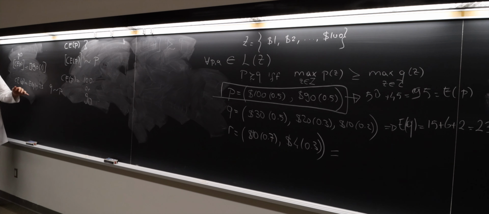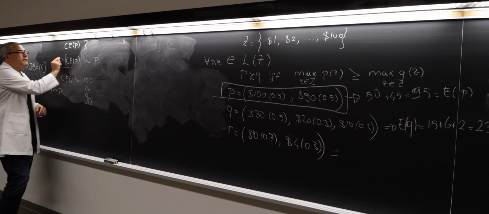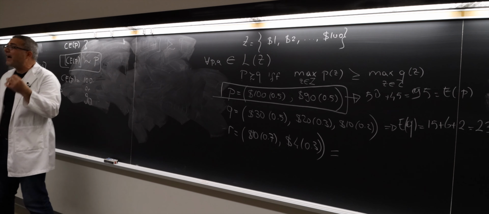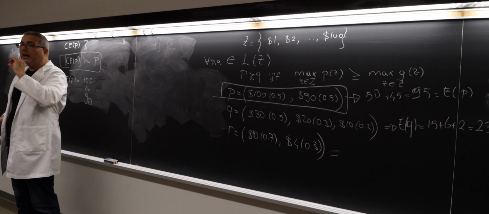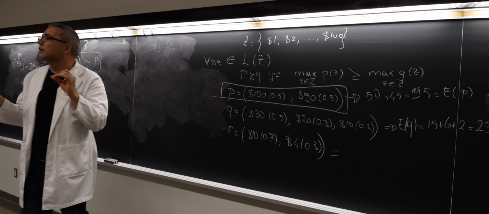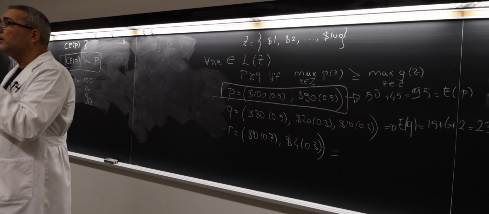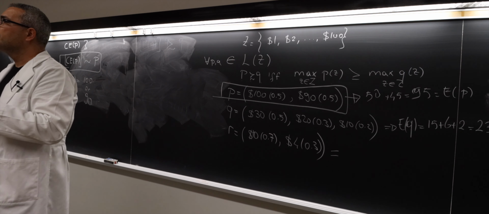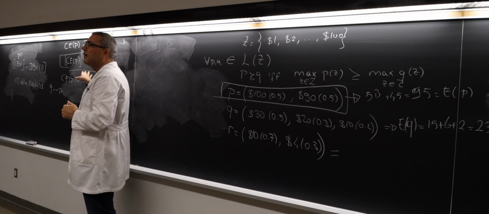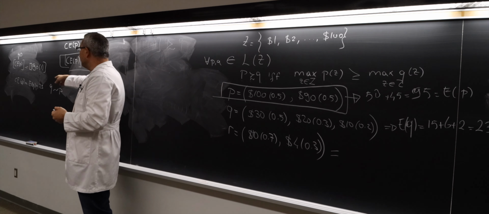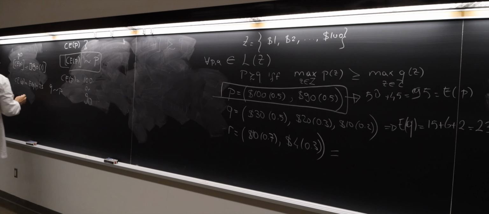Okay, but did you verify this definition? Always, guys, I have a formal definition. I love you having intuition, okay? But always go with the formal definition, and check your intuition, okay? So let's check. What would be this lottery, CEP, in your case? It is this lottery, right? You're going to get $23 with probability 1. Do you think JJ is indifferent between this and P?